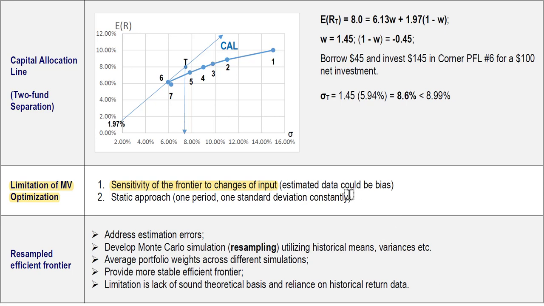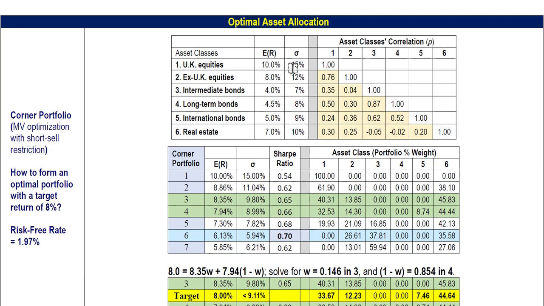Let's go back to the original approach of using the estimated parameter. Here, we have to estimate the expected return, the standard deviation, and the correlation for those individual asset classes. So any estimation error in these input parameters, and the result will be completely different.